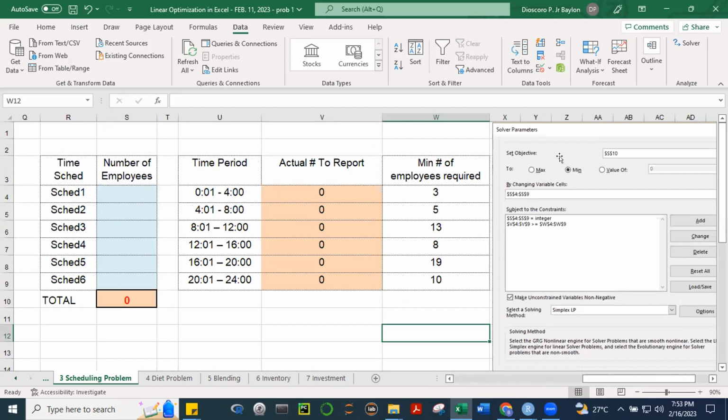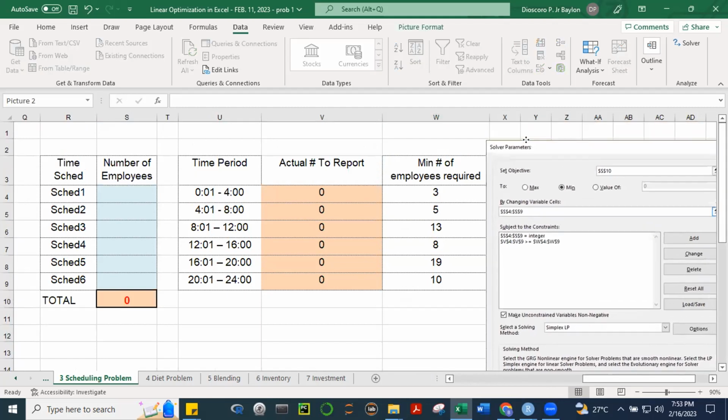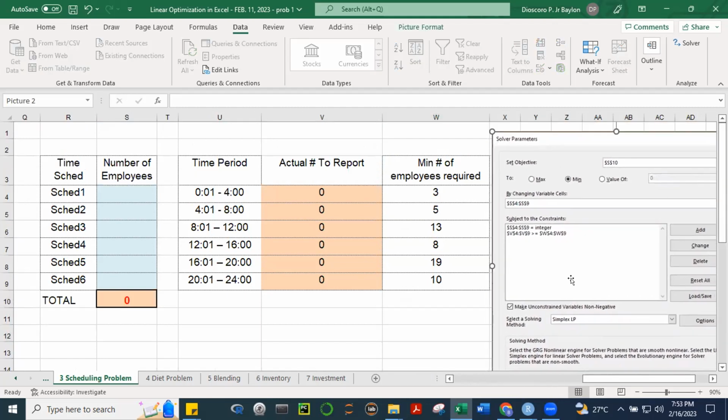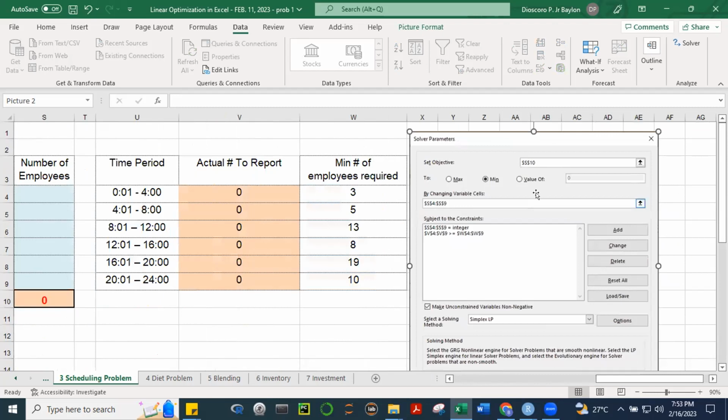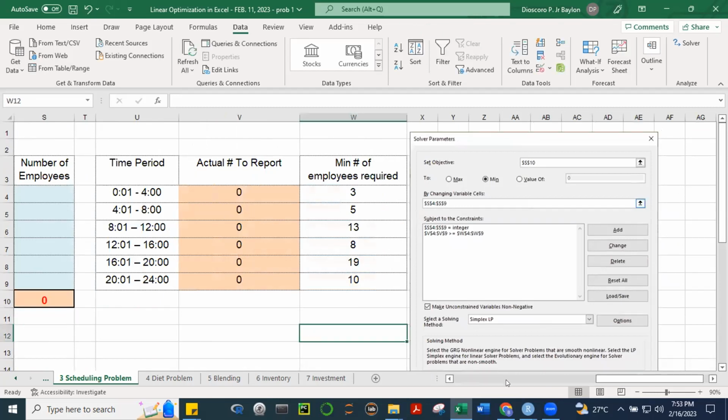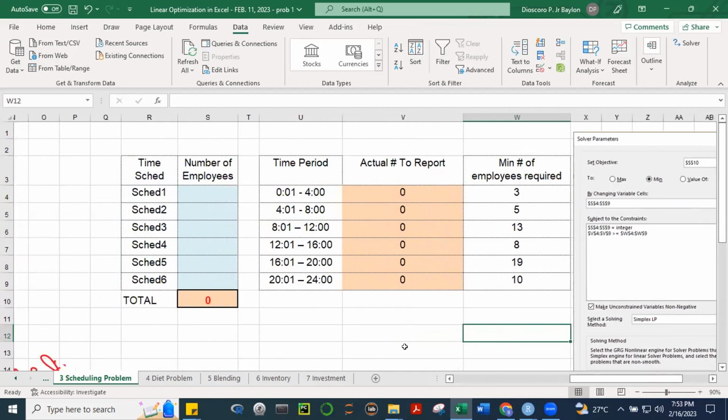Okay, and then also include the solver parameters, so that when I check your work, I could easily refer to the parameters for your work.